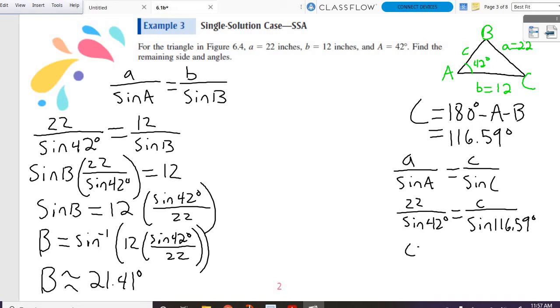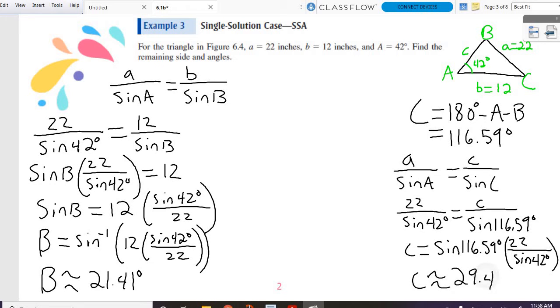So notice in order to solve for c, I would multiply both sides by sine of 116.59 degrees. Again, we're going to plug all of that into our calculator. Make sure that you put your parentheses in the appropriate places. And what do we get? 29.40. And we are in inches.